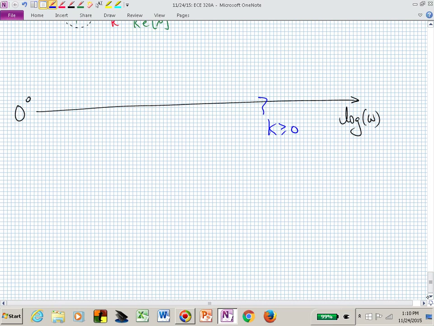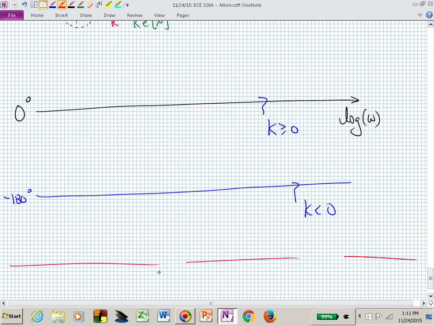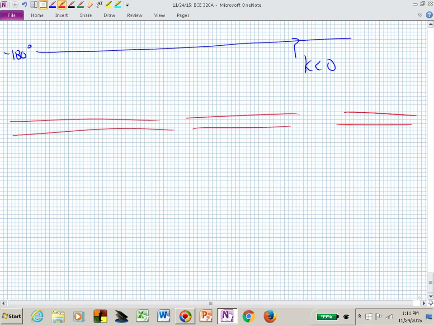If K is negative, now it's this curve, which is supposed to be a flat line equaling minus 180 for all frequencies. Constant terms should be a piece of cake to sketch.